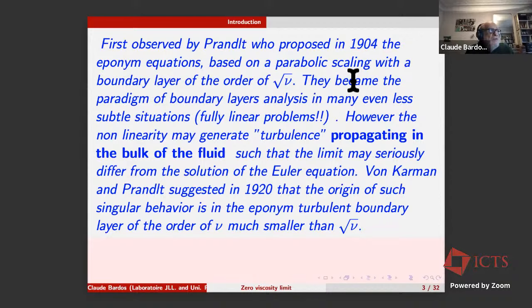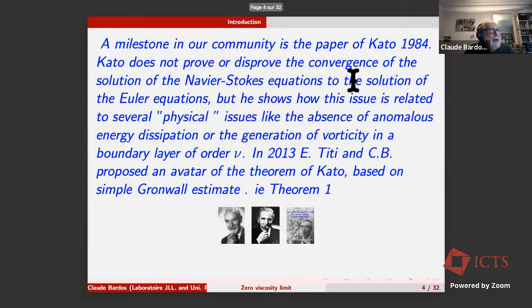And what I observe is that the same people, Prandtl, with his former student von Karman, suggested in the 1920s that the origin of such singular behavior happens not in the parabolic boundary layer, which is the size of square root of nu, but in the region which is of the order of nu. Nu is much smaller than the square root of nu. Well, that's where we are.